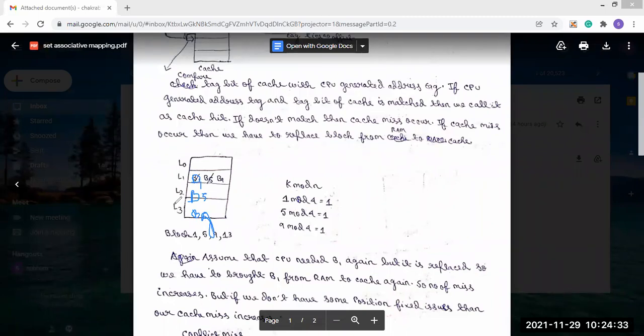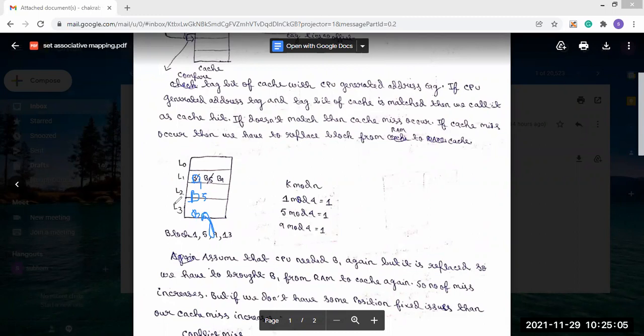So B5 and B9 should all be placed in line number 1, and at a particular moment we can place only one block there. That's why we have to replace the B1 block. And when B1 is required again, it is not present in line number 1, so we have to move B1 into line number 1 again. So at that moment the block is not present in the cache, which means a cache miss.